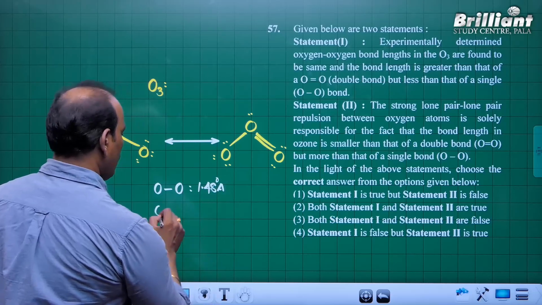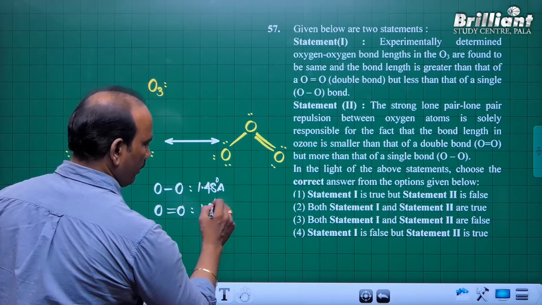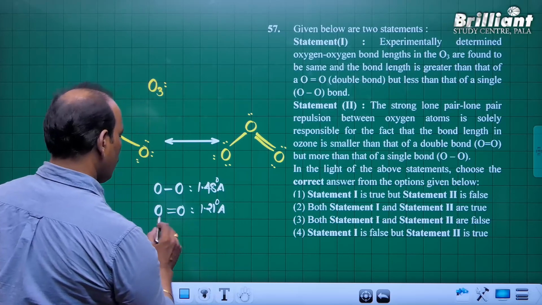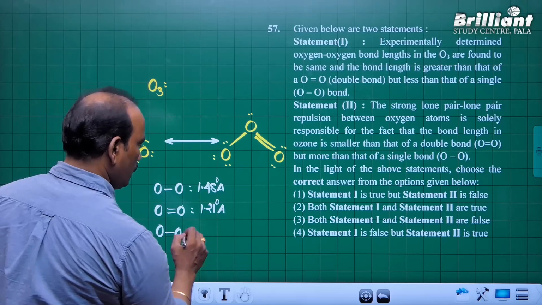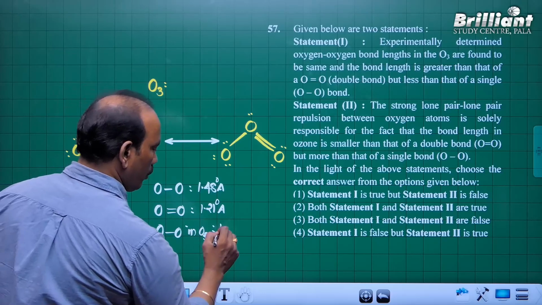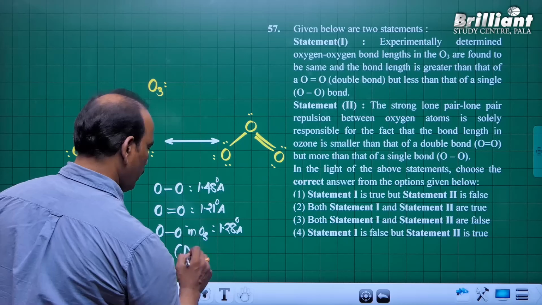The O double bond value equals 1.21 angstrom. But here the O bond in O3 is 1.28 angstrom due to resonance.